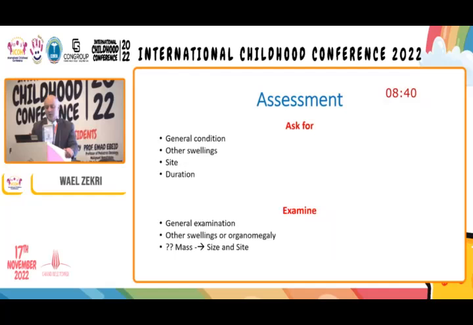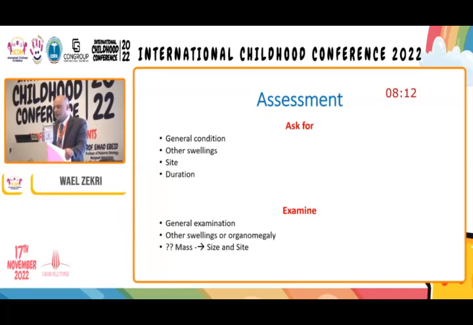I should ask for the general condition of the patient. When I see a distended abdomen, I should ask about the general condition. Is the patient active, or is there a problem in the activity, the pallor, pain in other areas, other swellings, the site of this distension, and the duration in which it occurred.